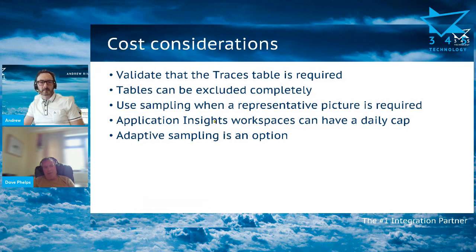So really think about whether you need all of that data all of the time being written to App Insights. And as I mentioned, you can set sampling at different levels throughout your integration, through different Logic Apps, different functions, etc., which I think is really valuable.